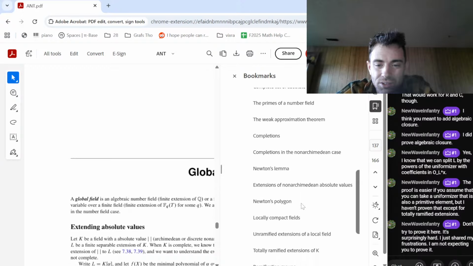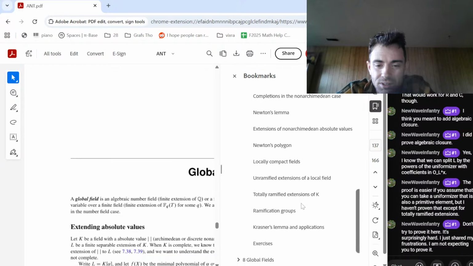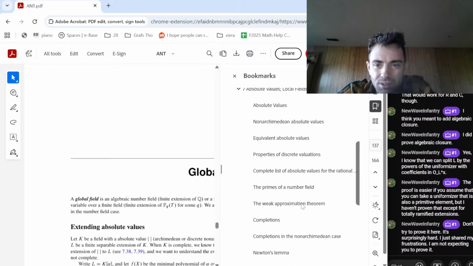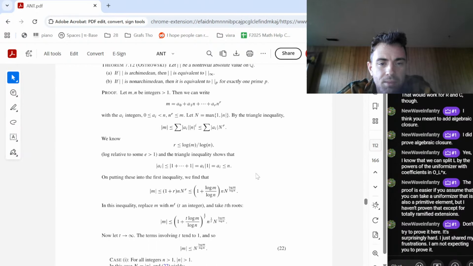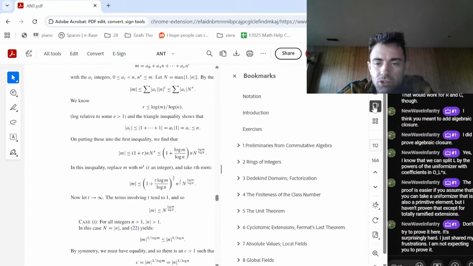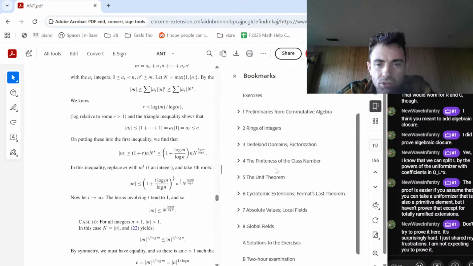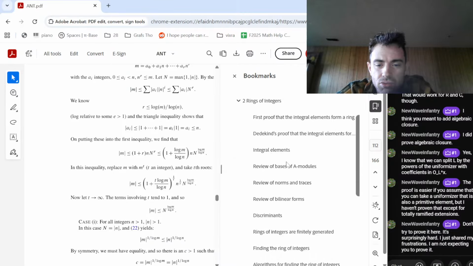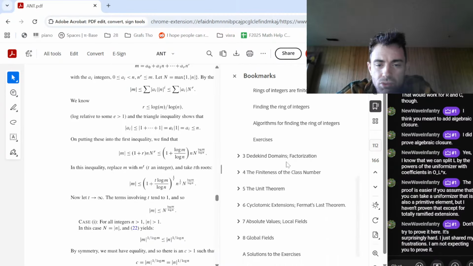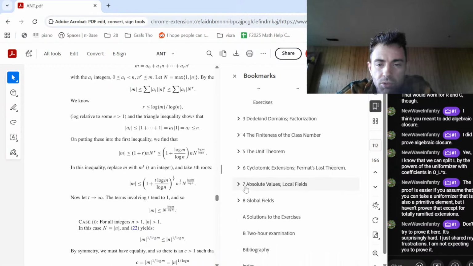Yeah, let's see. There should be a section on extensions, right? Rings of integers. Wait, absolute value is local field.